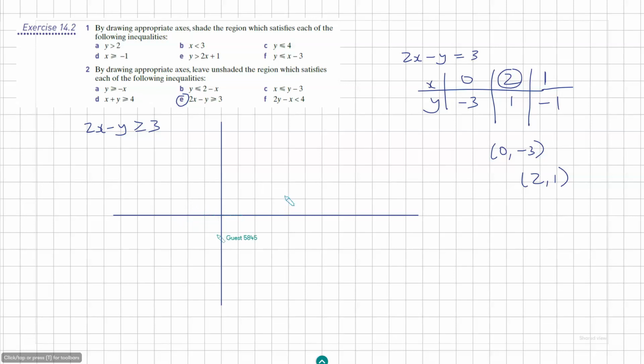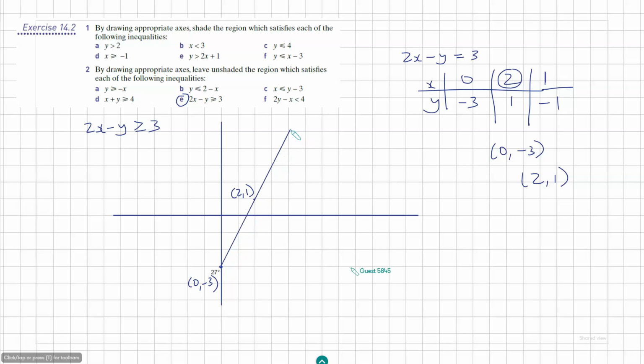Here, this is 0, minus 3. Then 2, 1 is here. And then you just join this and extend.